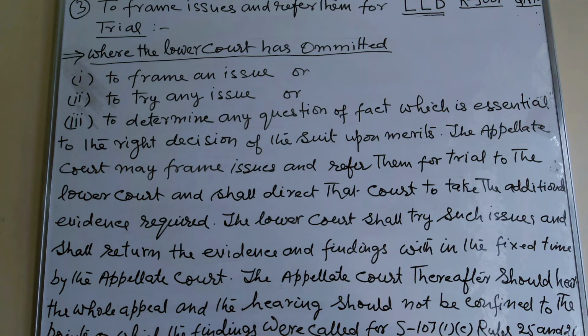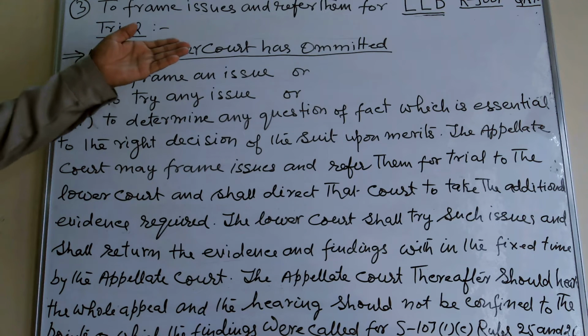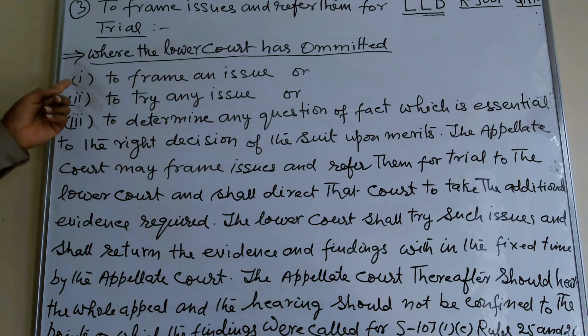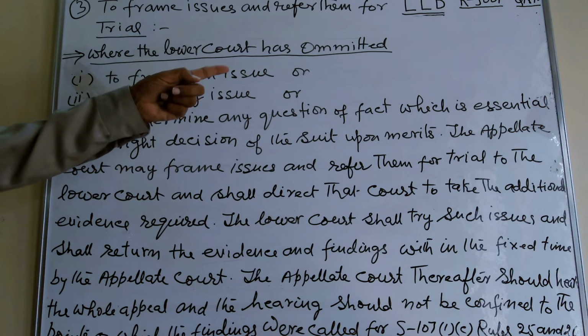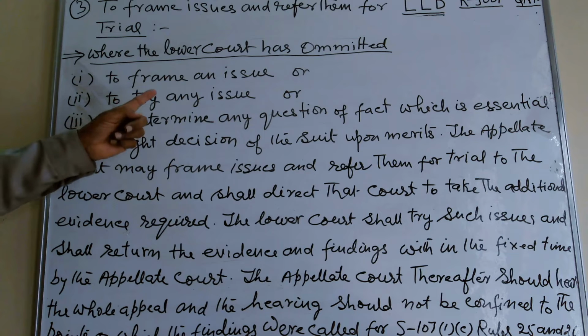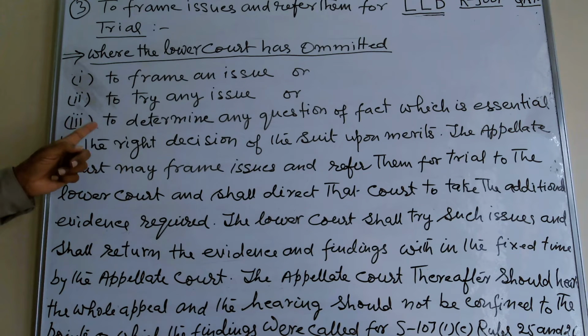Where the lower court has omitted to frame an issue, or to try any issue, or to determine any question of fact which is essential to the right decision of the suit upon the merits, it means that according to this power, the case must be decided upon the merits.